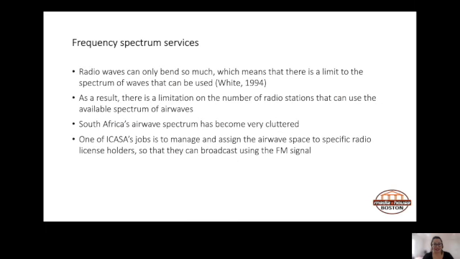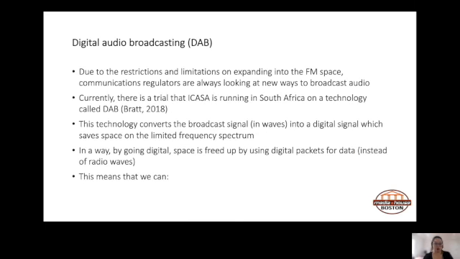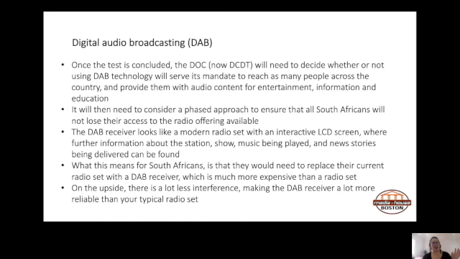Then we've looked at digital audio broadcasting, which takes these waves and converts them into digital packets. So we're opening up some airwaves because we're converting them to digital for us to listen to. So we can use those spaces for other things, like for instance, wireless broadband.